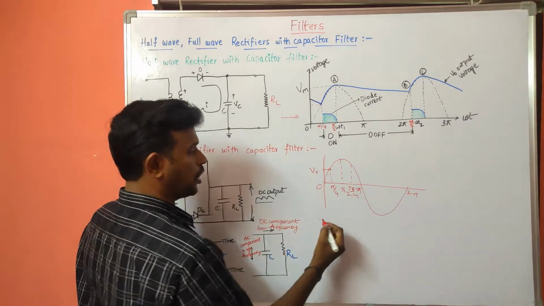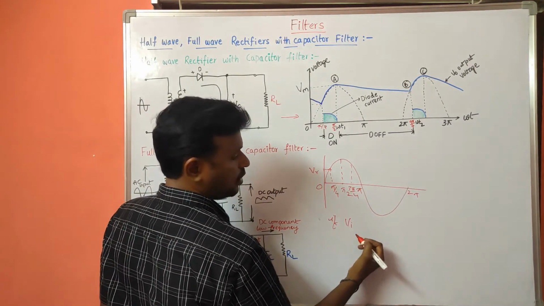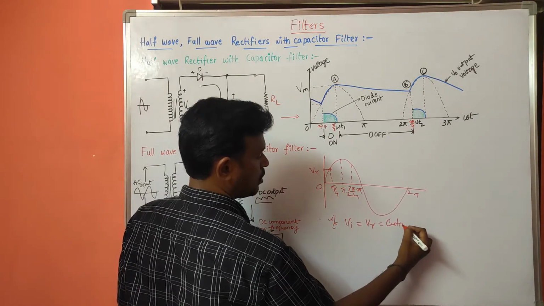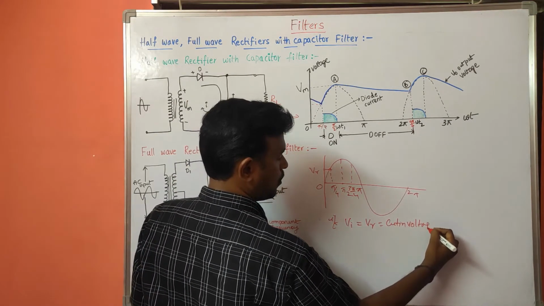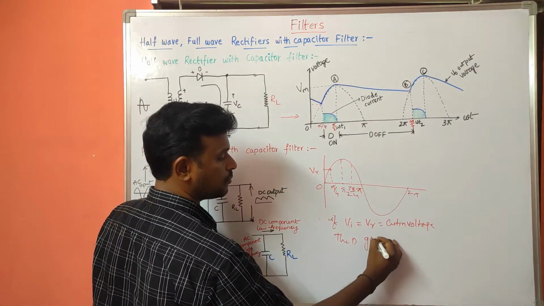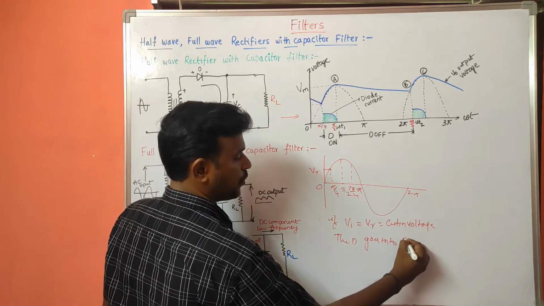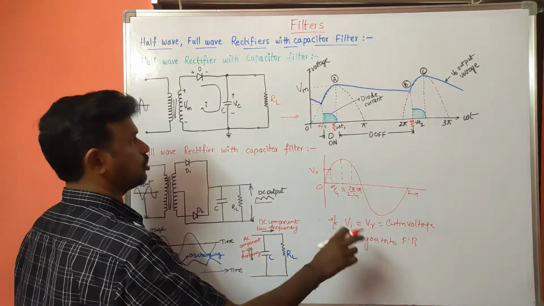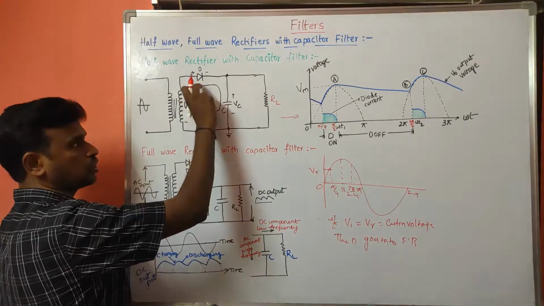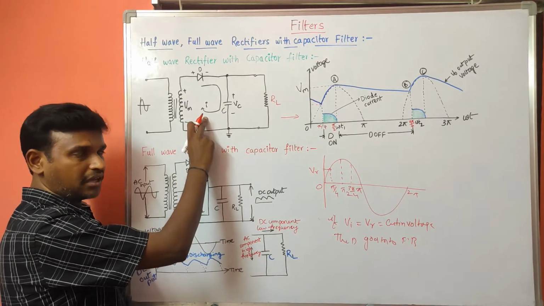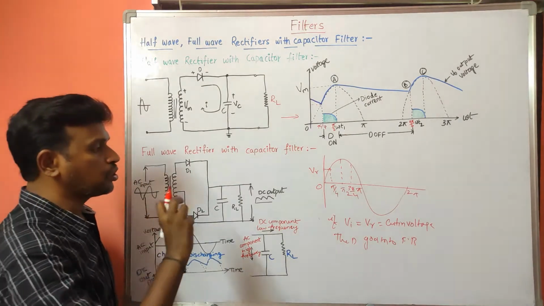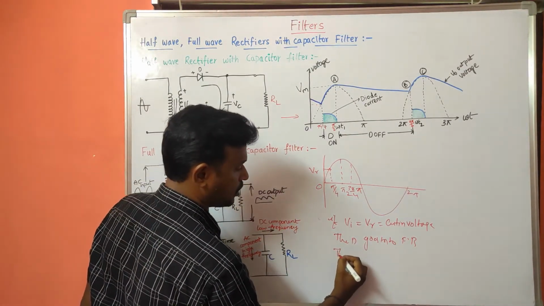So if Vi, that is the input, is equal to V gamma, the cut-in voltage, the diode D goes into forward bias. When the diode goes into forward bias, current will flow through this path. That current I am taking as I, and the current flows through the capacitor. Therefore, the capacitor will start charging.